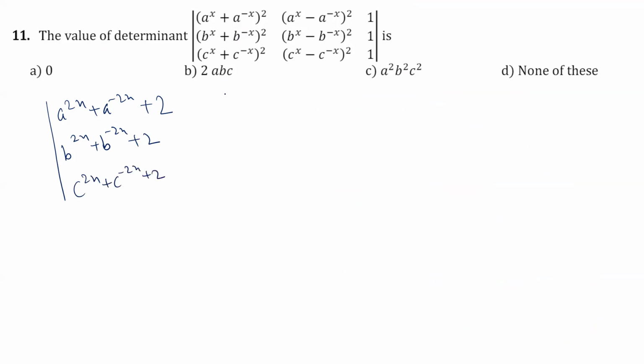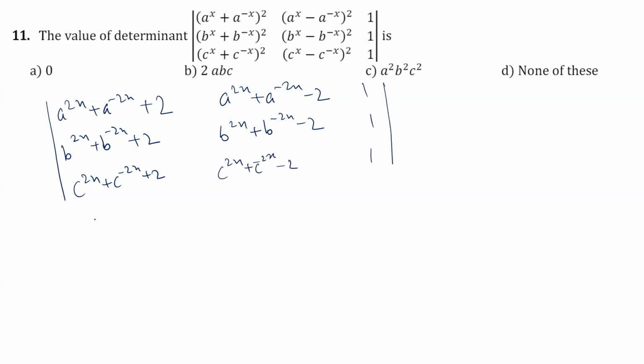On the second row, we have to expand again. So here a power 2x plus a power minus 2x minus 2, b power 2x plus b power minus 2x minus 2, c power 2x plus c power minus 2x minus 2. This will be 1, 1, 1.